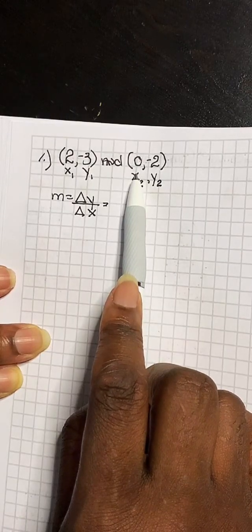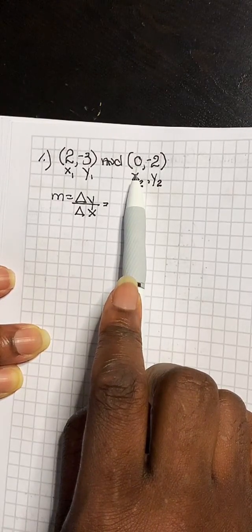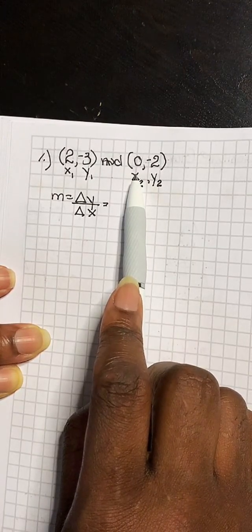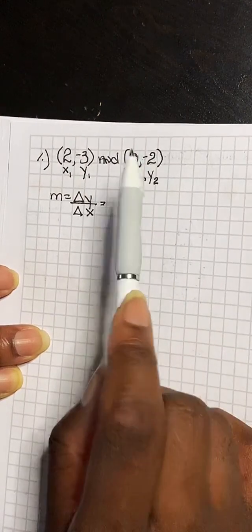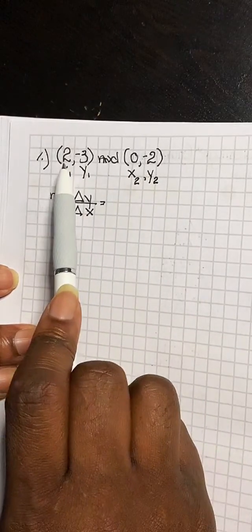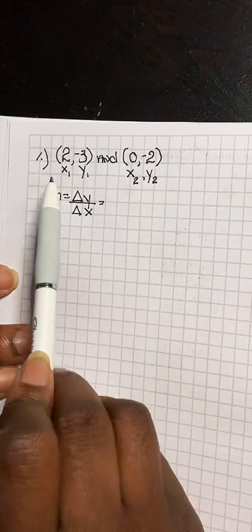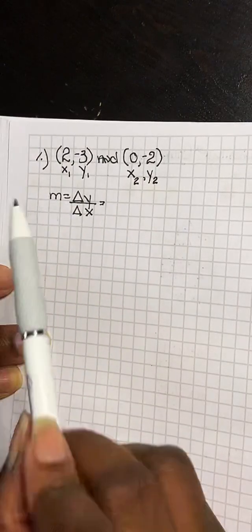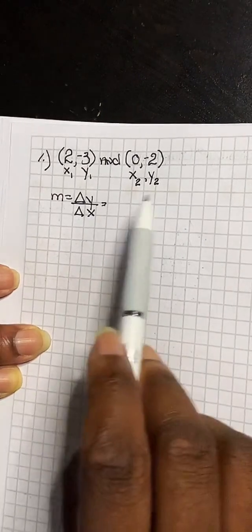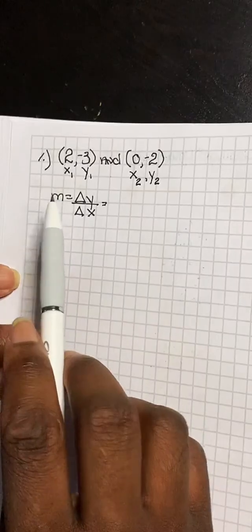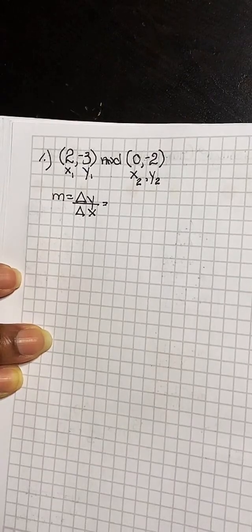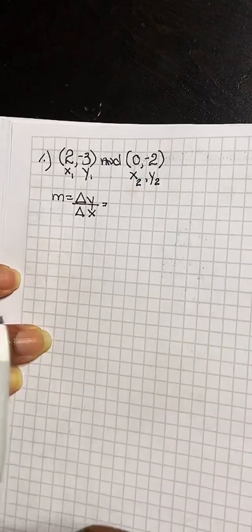You forget that you have to go with this x2 minus this x1. Then you naturally go with the x1 to the x2, and you're like, why am I getting this wrong? Because you're telling your brain, okay, read opposite, and then you redirect. That's exactly what your brain does. So why are you fighting it?